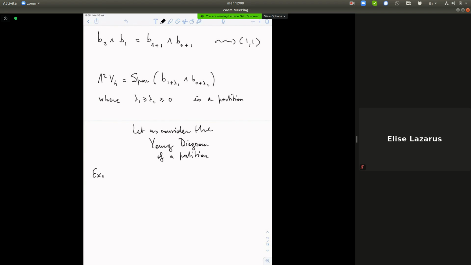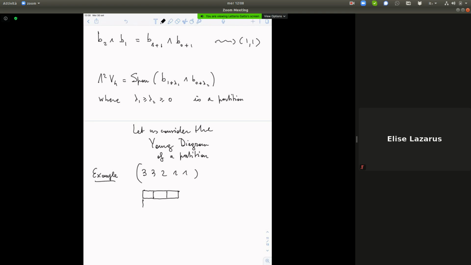Example. Consider the partition 3, 3, 2, 1, 1. Okay, this is a partition with 5 parts, and then for each part, the first part is 3, and we construct a diagram of 3 boxes. Then there is the second part, which is 3.